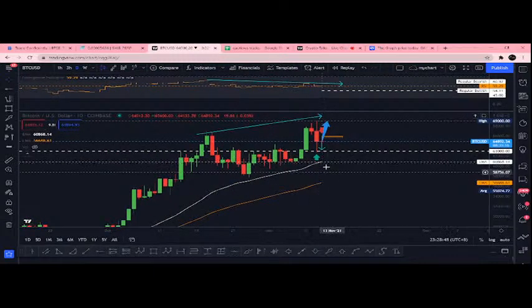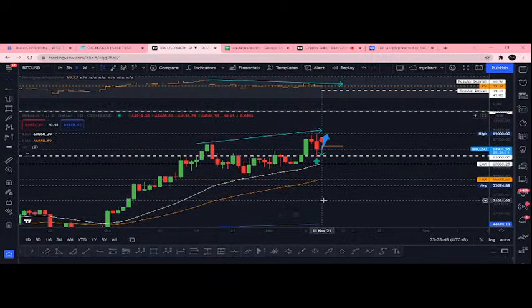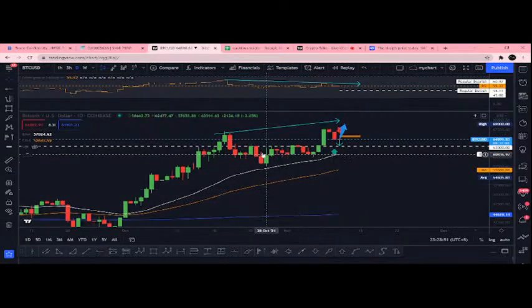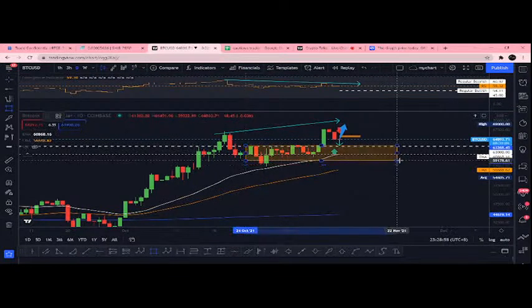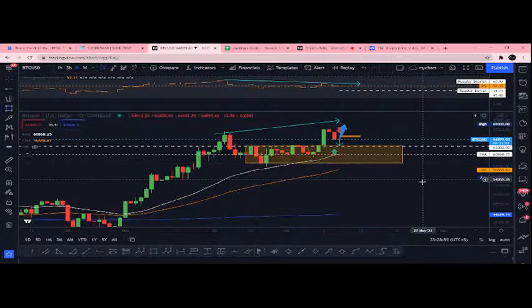Yeah, next support kasi is the 60,800 on a daily time frame, which I think is already a very strong support area. Sa logarithmic chart, parang 60 din dun, di ba? So yun.